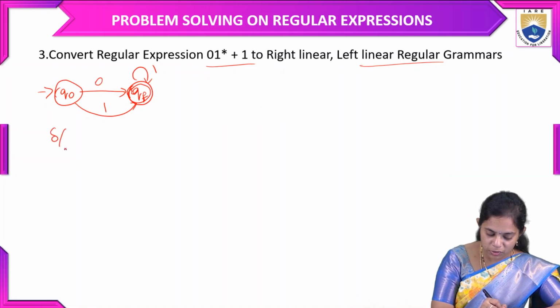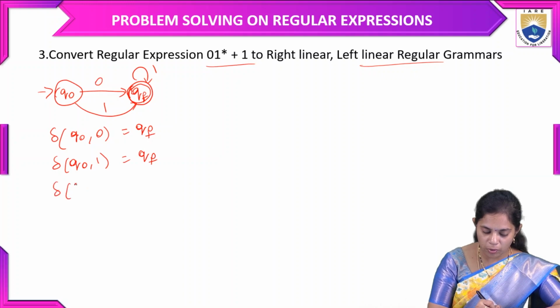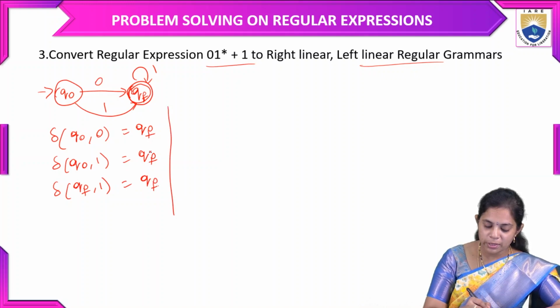So transition function delta of Q naught comma 0, it is reaching QF, and delta of Q naught comma 1, it is reaching the final state, and delta of QF comma 1, it is reaching QF only. So we can convert this into a grammar, that is nothing but production rules.